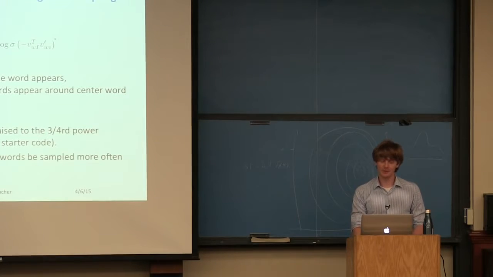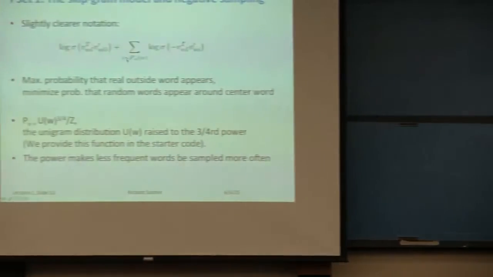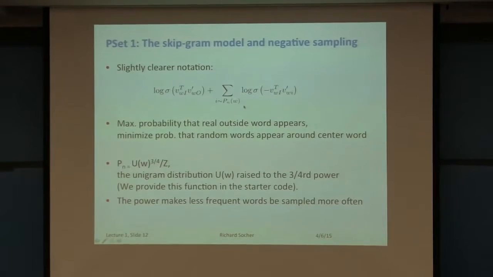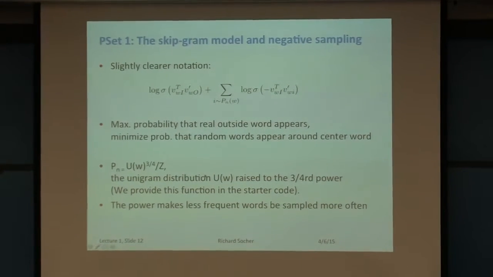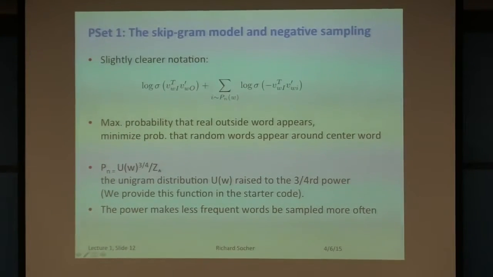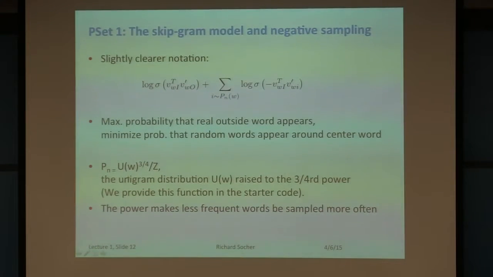Okay, and so we'll sample these random words based on this probability distribution here, Pn, which will essentially just be the unigram counts divided by the total number, and then each of these unigram distributions will be raised to 3/4, and that is a little bit of a hacky thing, and the authors in the paper don't really give a principled mathematical reason for why it's 3/4 other than it worked well in practice.